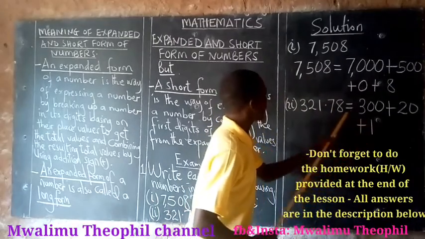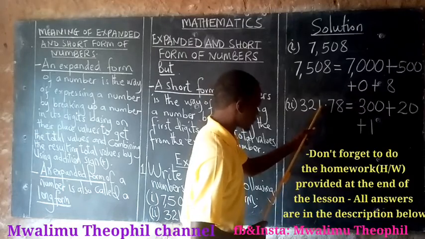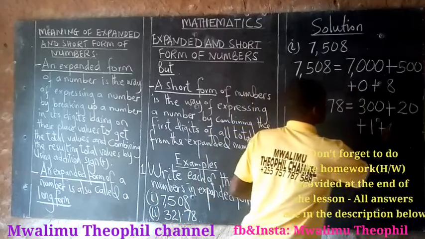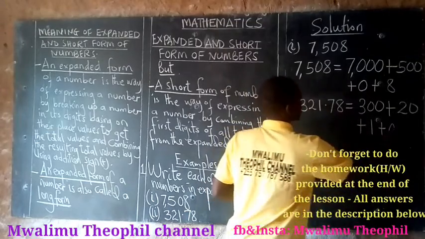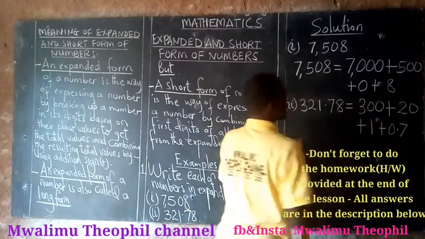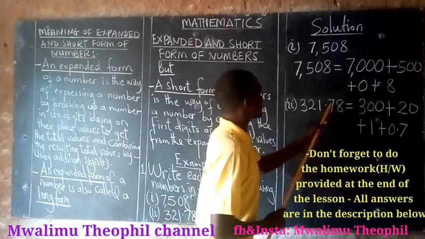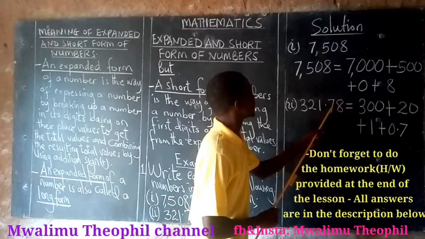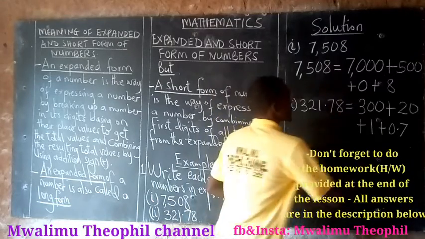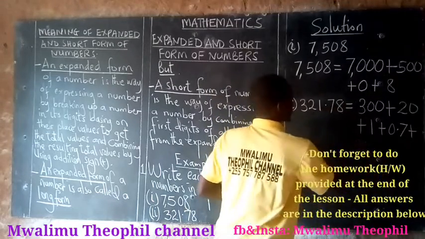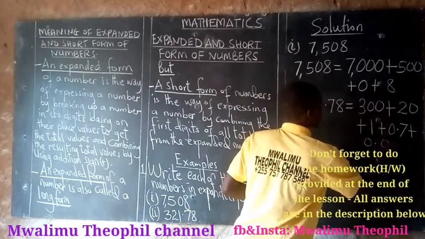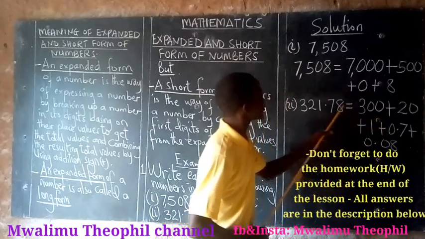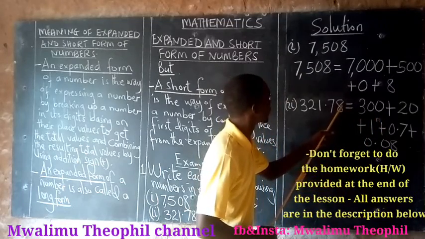We add 1 because 1 is in ones, plus 0.7. It is 0.7 because this 7 is in tenths, plus 0.08. It is 0.08 because this 8 is in hundredths.